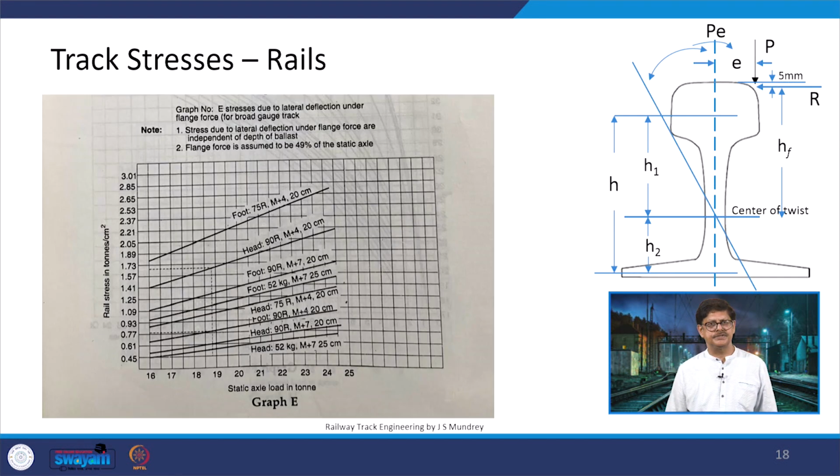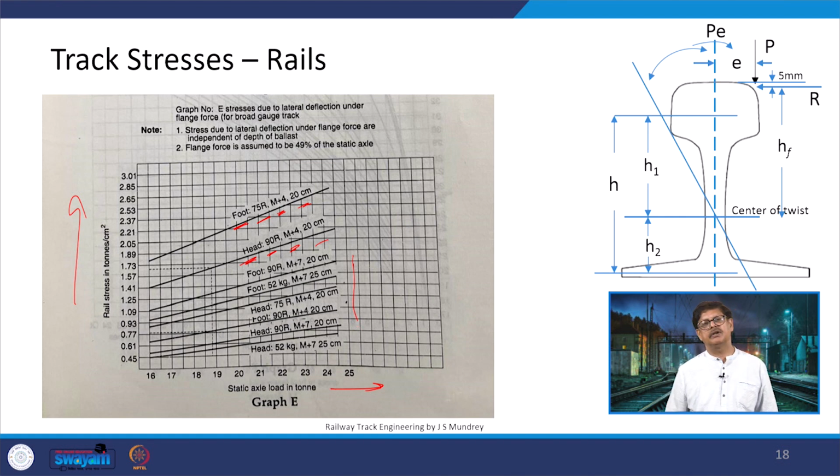Here again you can see that the graphs have been given for that. Here on the x axis is the static axial load in tons. On the y axis again there is a rail stress in tons per centimeter square. Now, in this case again for foot and for the head, for the different rail sections, for different sleeper density and the thicknesses of the ballast cushions, the values have been given.